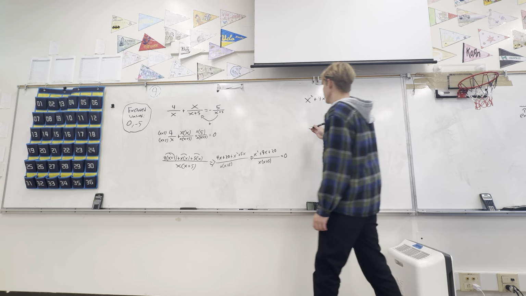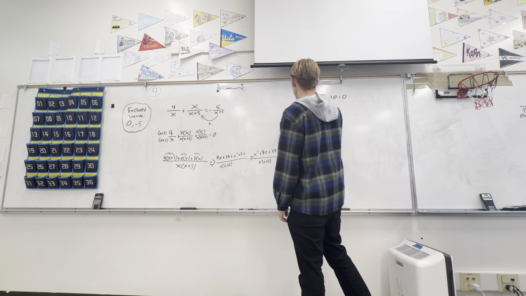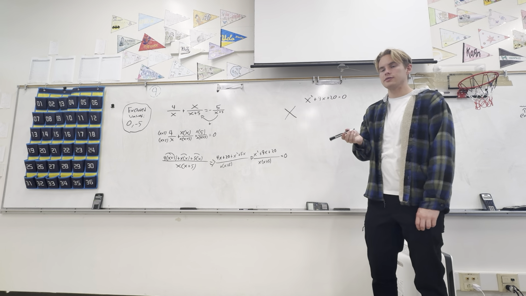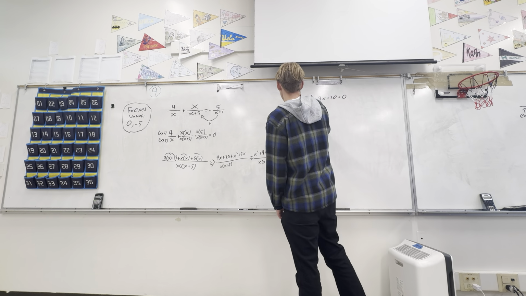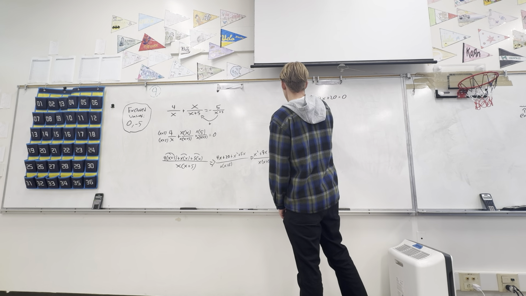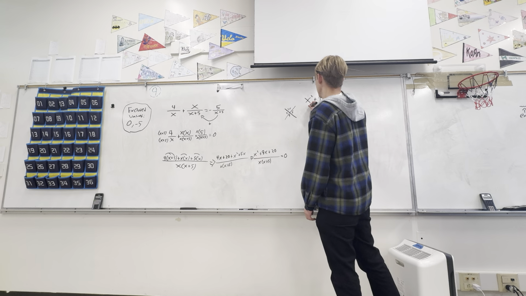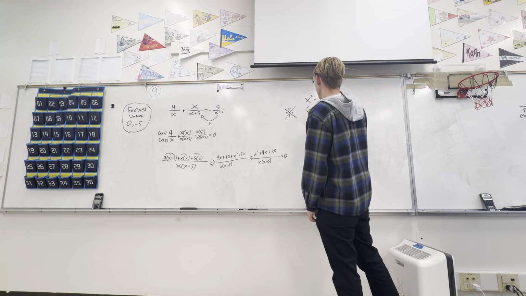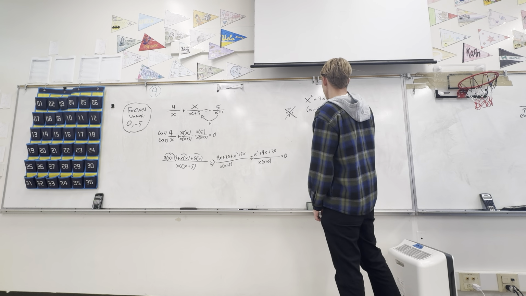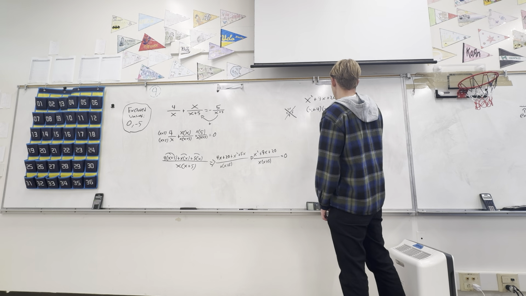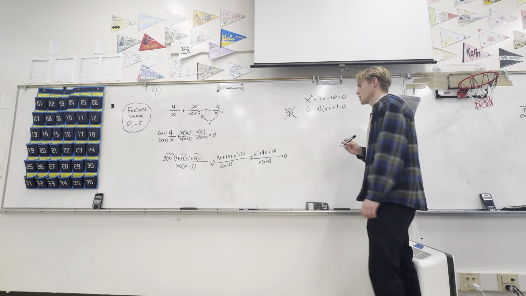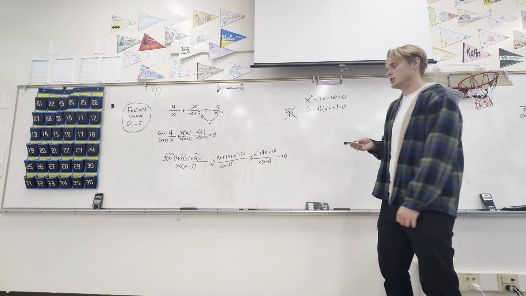So we factor it. Remember, if you have an x squared and set equal to 0, you just can't factor it. So we have 20, 9, so that's 4, and 5. So this becomes x plus 4 times x plus 5 equals 0. We split this off into two directions and solve them separately.